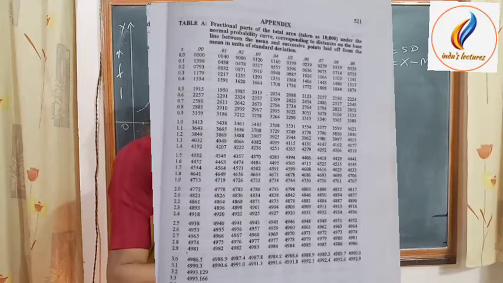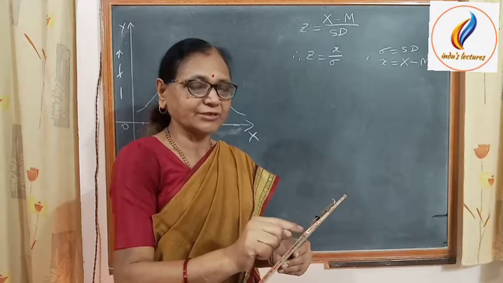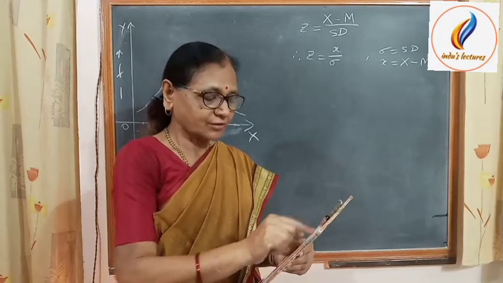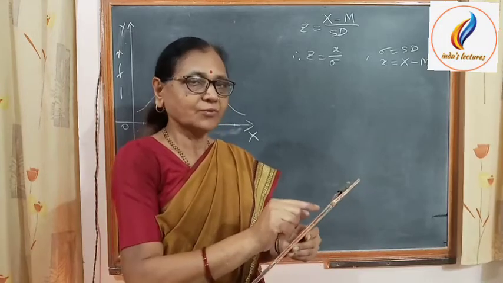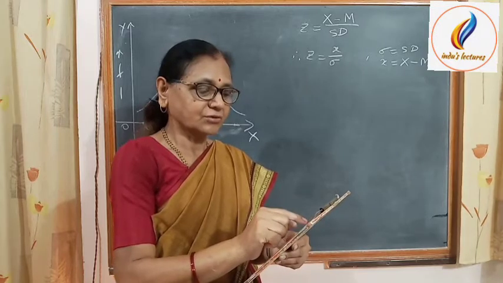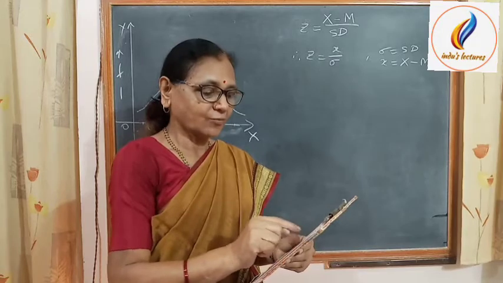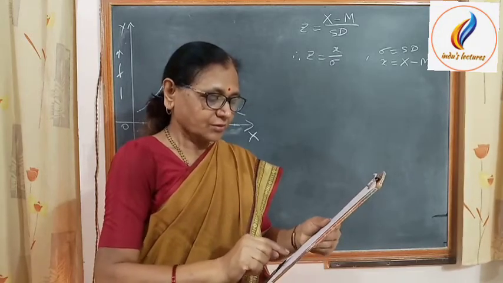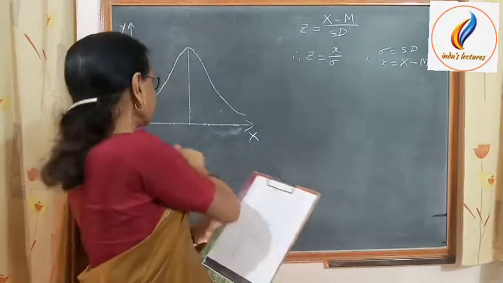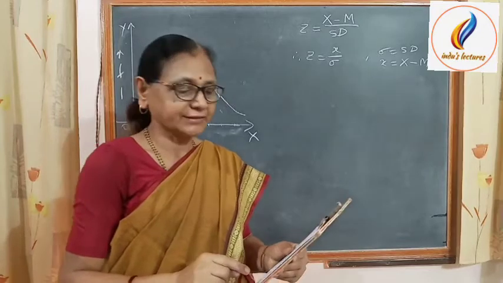After one decimal place, there is given 0.00, 0.01, 0.02, 0.03 like this. And in the first column, the values of Z scores are 0.0, 0.1, 0.2, 0.3, 0.4 like this up to 5.0. But we consider the values between the limits of plus or minus 3 sigma.